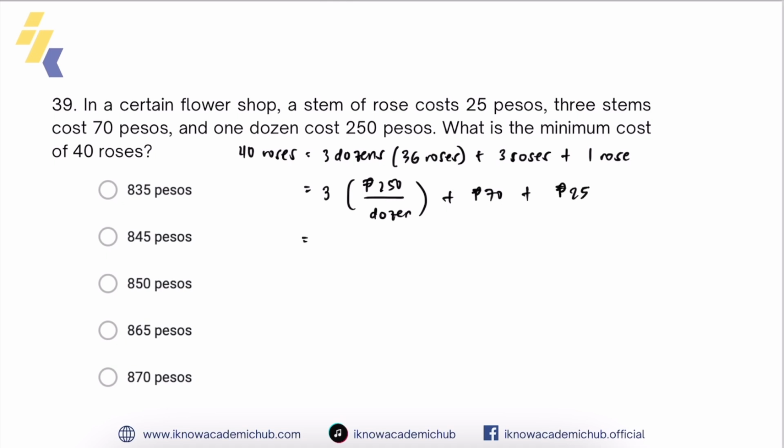So we have here 250 times 3 is 750, plus 70 plus 25 is 95, and 750 plus 95 is 845 pesos, and that is the minimum cost of 40 roses.